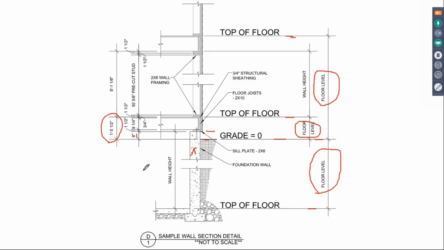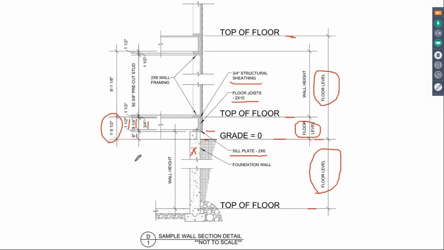And then the next item that contributes to this 1 foot 5.5 value is the composition of our structural floor, which in this case for our ground floor we have a 2x6 sill plate, which is 1.5 inches high. We have 2x10 floor joists that sit on the sill plate that are 9.25 inches high. And then on top of our floor joists, we have our 3/4 inch structural sheathing subfloor.